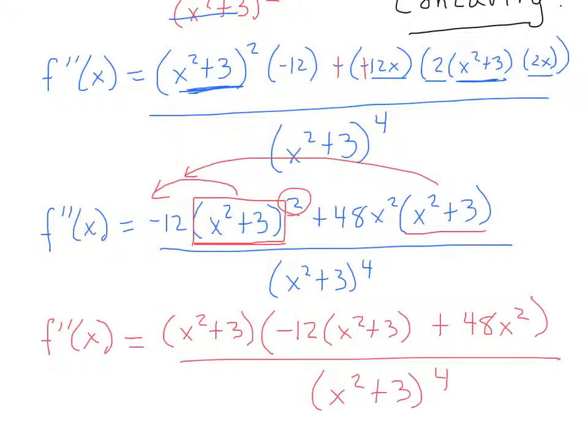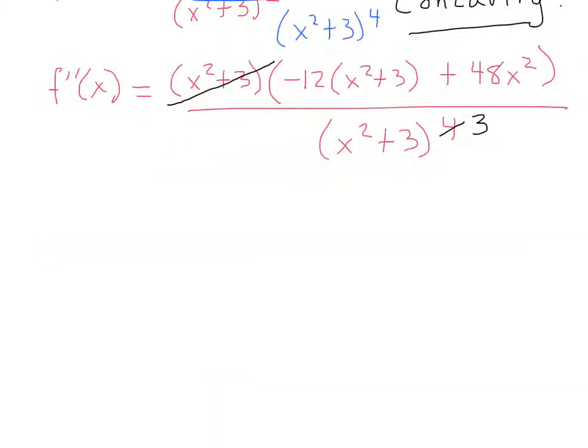Now here's what I did, is I took one of these out and I wrote it right here. Okay, now when I did, you can see there's still one right here, but the one that was next to the 48x squared is no longer there because I moved it right here. Okay, now once you do that, you can cancel this with one of them from the bottom. Well, if there are 4 on the bottom, there are no longer 4, there are now how many? 3.